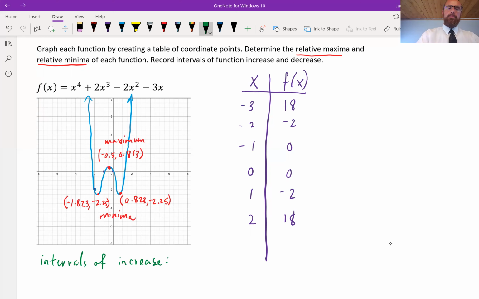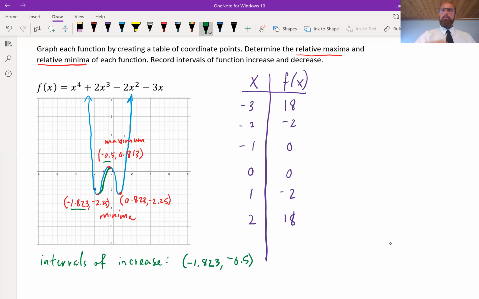So this left arm is not increasing. As x's go up, it's going down. But once we reach the valley, there's an increase from negative 1.823 up to the x value of that hilltop, which is negative 0.5.